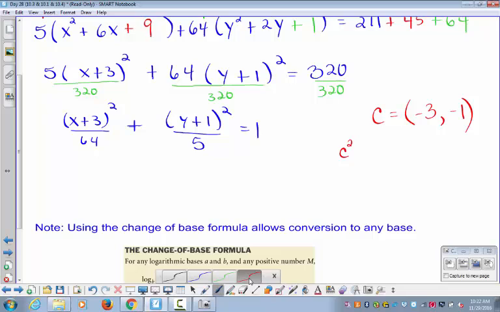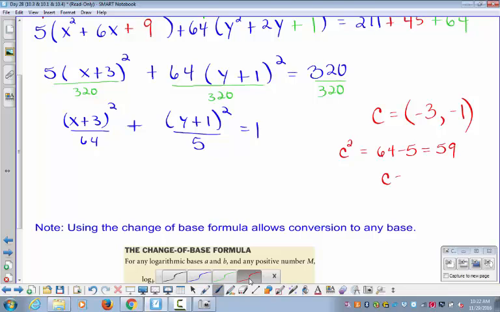What do we do with our denominators? Is it 64 minus 5? Bingo. We subtract. We do the opposite of what the standard equation has in it. So for an ellipse, we subtract the denominators, but for a hyperbola, we will add the denominators. So c squared will be 64 minus 5, which is 59.